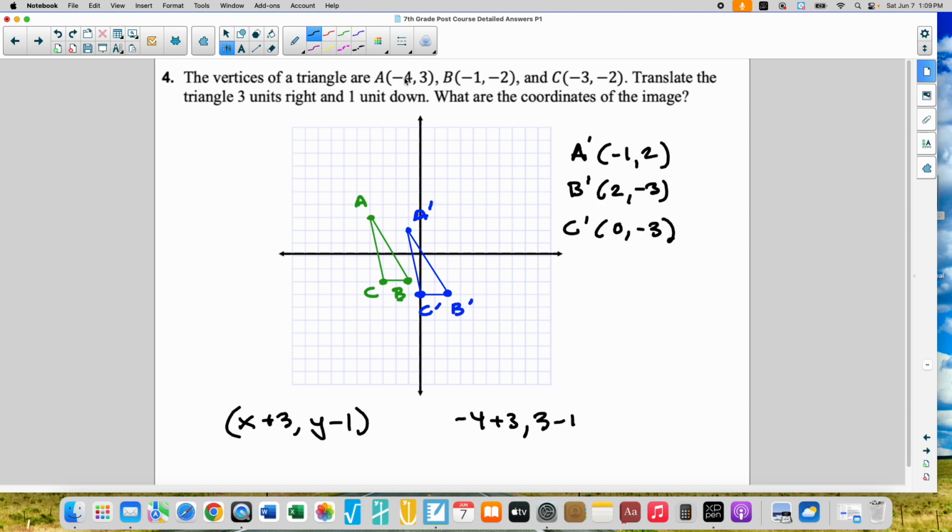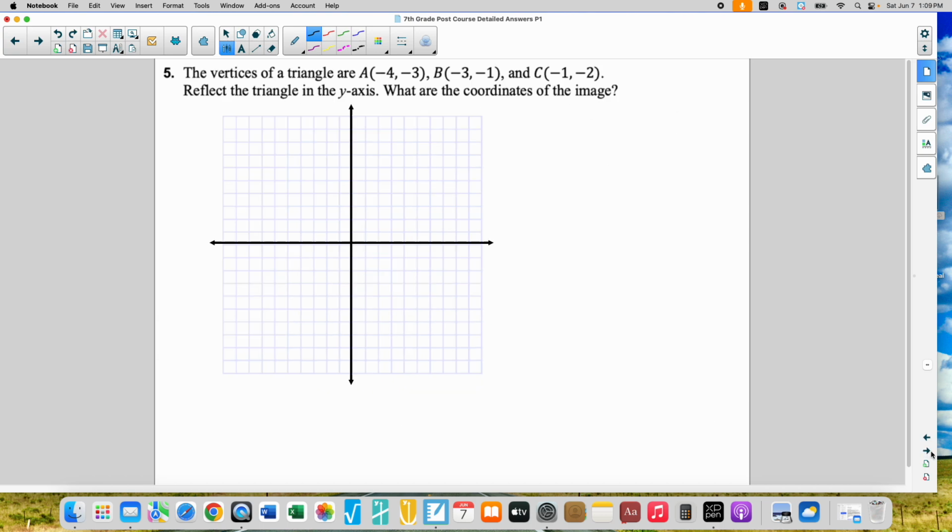So we're putting our x value and our y value into this translation, and that would give us -1, 2. And we notice -1, 2. So that's the other way you can do that mathematically. Okay, what are the coordinates? These are the coordinates of the image.